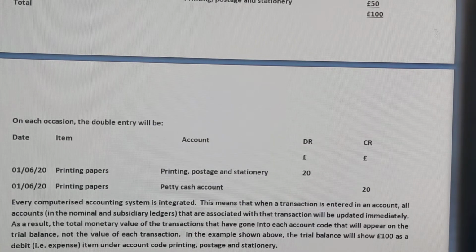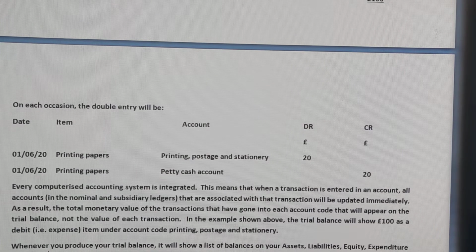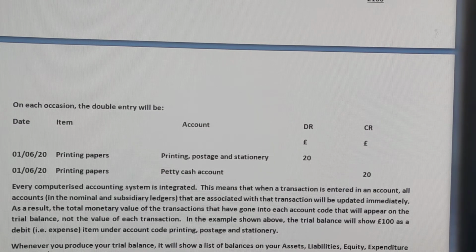As a result, it is the total monetary value of the transactions that have gone into each account that will appear on the trial balance, not the value of each transaction. In other words, the trial balance will reflect the collective total of the transactions. It will not reflect the individual transactions.